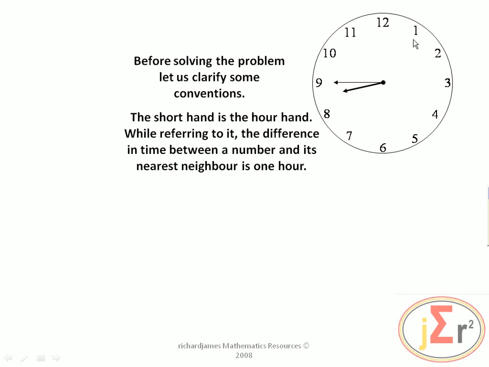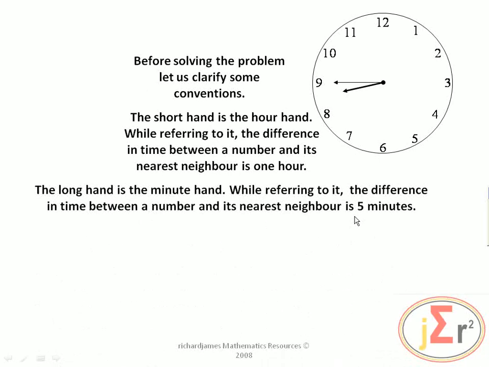And if it was pointing on 1 and then it is now pointing on 2, how many hours would have elapsed, Jerry? 1 hour. Right. And if it is pointing on 4 and then it moves to 5, how many hours would have elapsed? 1 hour. Right.